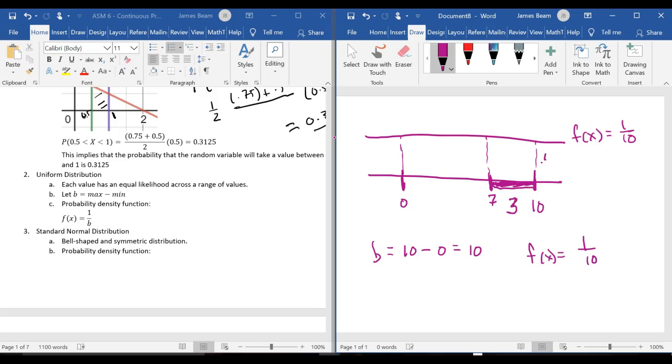The height here is 1/10, which means that the area of that is 3/10, which makes logical sense, right? 30% of the time you would have to wait more than 7 minutes if it's guaranteed to arrive between 0 and 10 minutes and you are arriving at time t equals 0. So that's the basic continuous probability distribution.